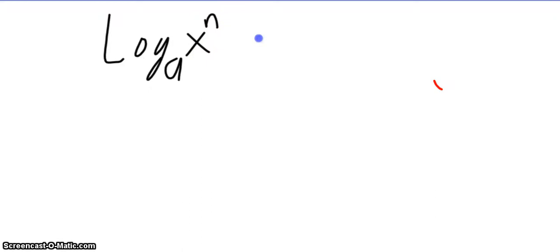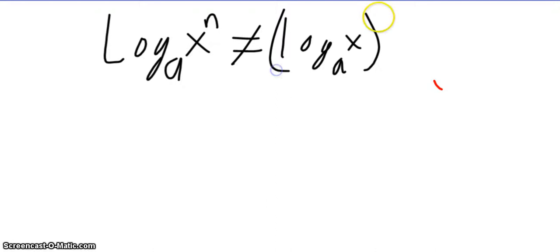This is not the same thing as log base a of x, all to the n. These are two different expressions. They do not equal each other, and the one on the right does not follow the property that I'm going to show you. So we're going to ignore that for now.